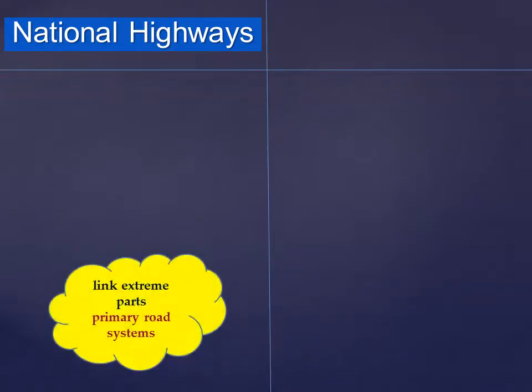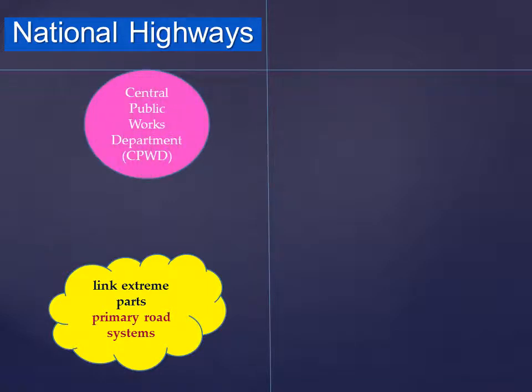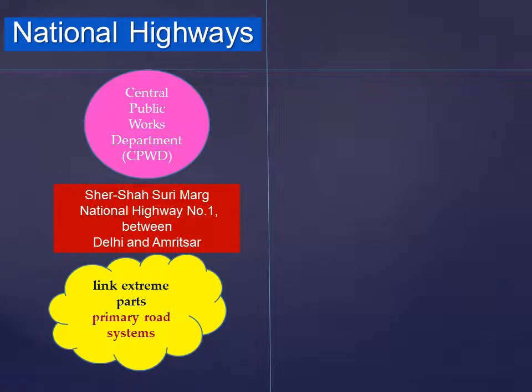National Highway. It links extreme parts of the country. These are primary road systems and are laid and maintained by the Central Public Works Department (CPWD). National highways run in north-south and east-west directions.